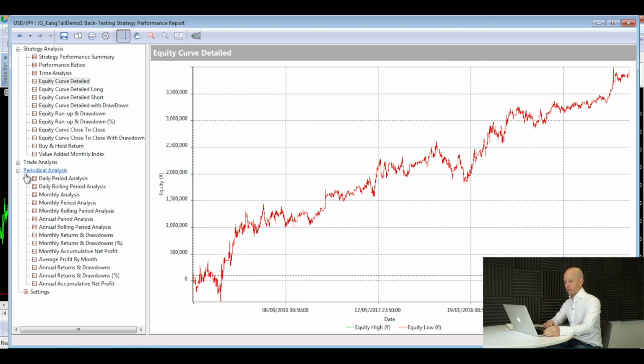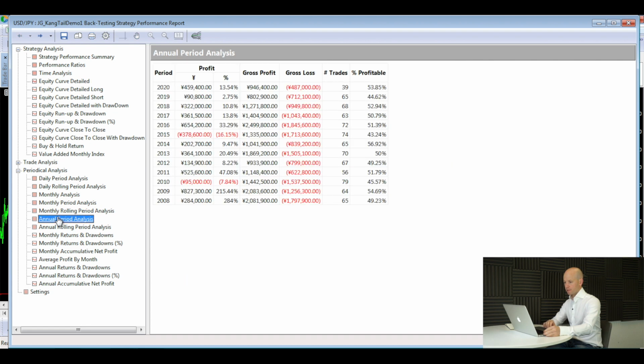Let's have a quick look at the annual period analysis. This shows us how much profit we would have made each year, and we've had a couple of losing years. 2010, 2015 wasn't that great, but I always say you don't just use one trading strategy on one pair.